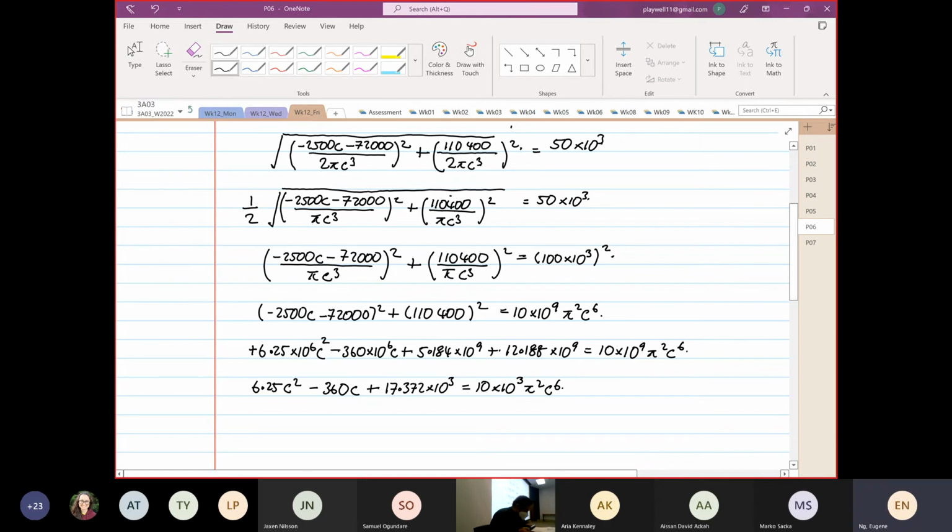So you just rearrange them. So it's minus 10 times 10 to the power 3 pi squared C^6 plus 6.25 C squared minus 360 C plus 17.372 times 10 to the power 3 is equal to 0.